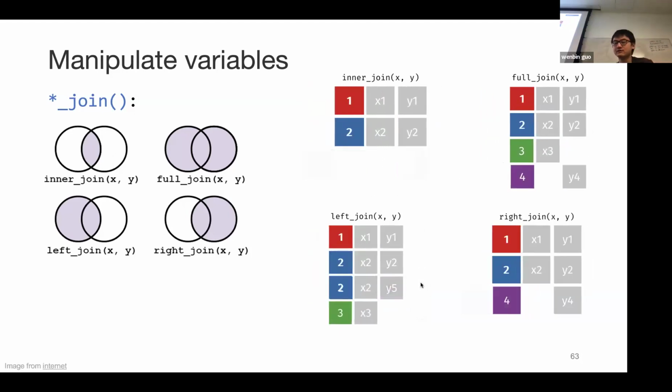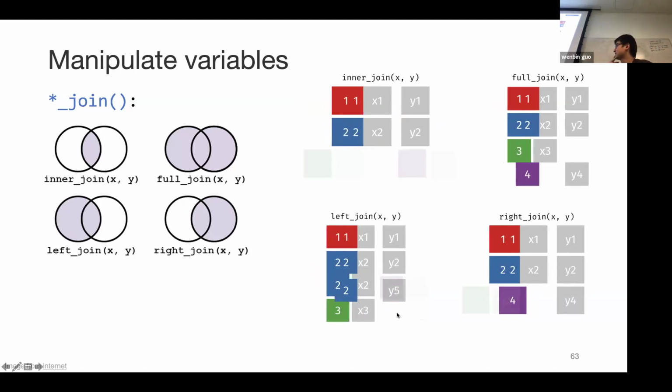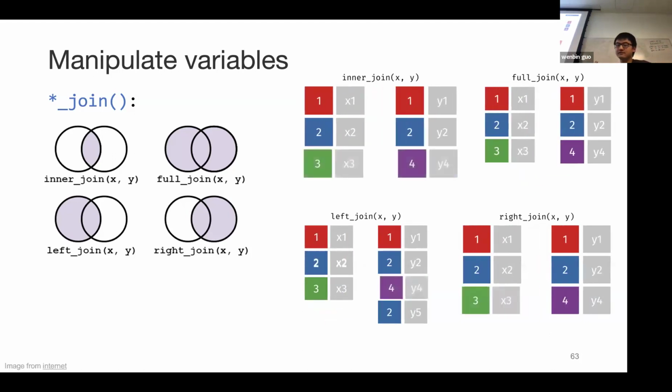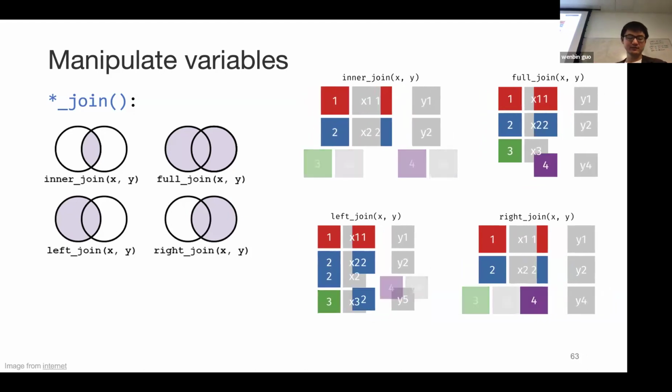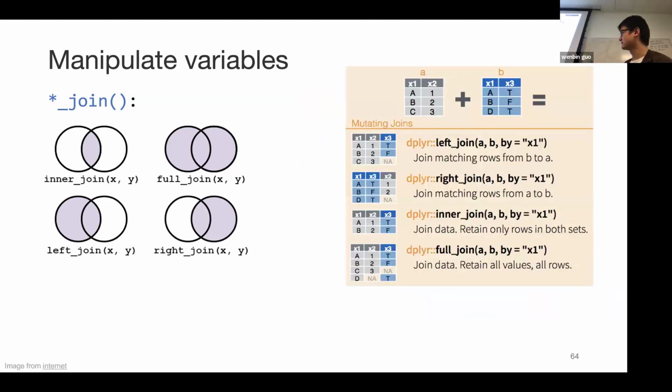Similarly, the right join uses the right data frame as a reference and assigns the left data frame to the right. Here is a full list of how to use them and the consequences of a left join and right join. It's also in that cheat sheet, so you can check it later.